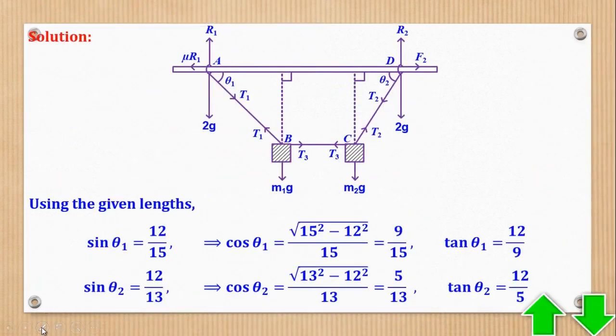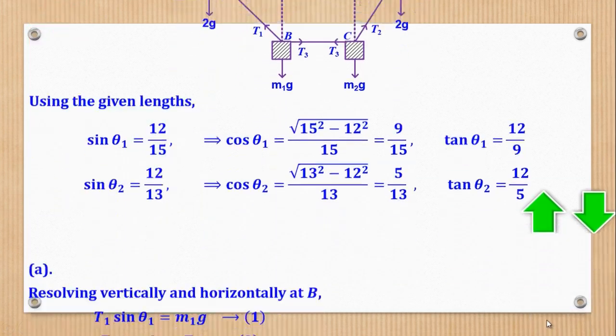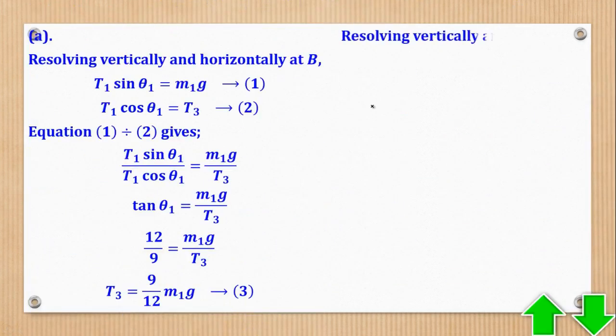Then what about at C? When I resolve at C, horizontally it will be T3 equal to T2 cos theta 2, and vertically M2g equal to T2 sine theta 2. So we resolve at C, horizontally and vertically.